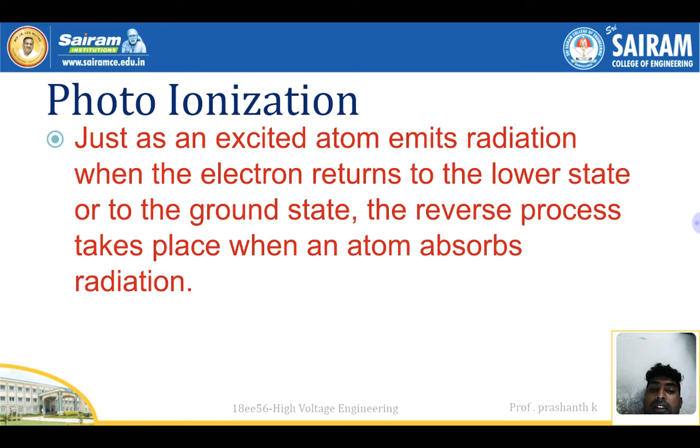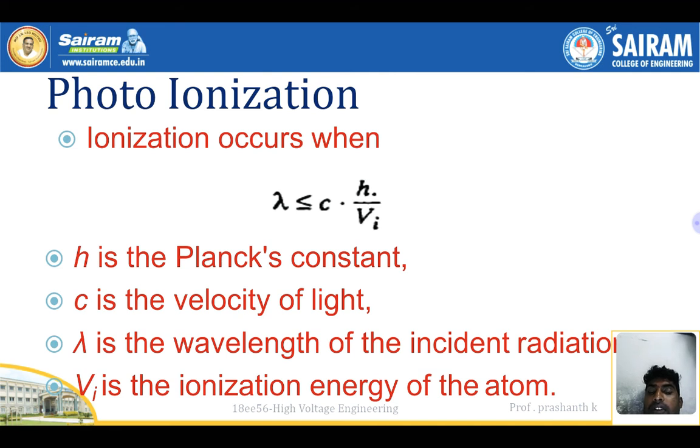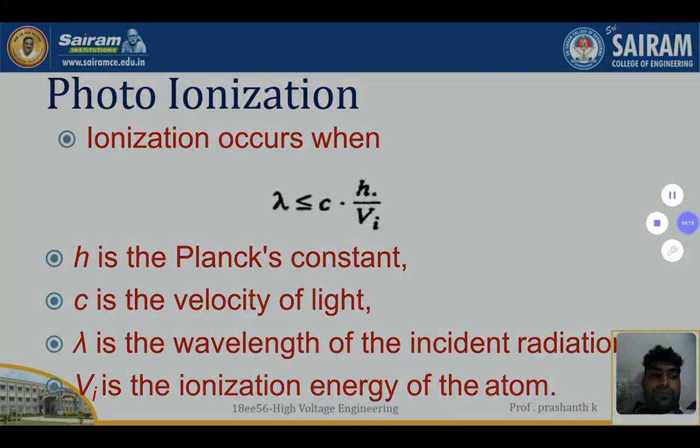Just as an excited atom emits radiation when the electron returns to the ground state, the reverse process takes place when an atom absorbs radiation, right? Photoionization occurs when lambda is less than or equal to hc by Va, where h is the Planck constant, c is the velocity of light, lambda is the wavelength of the incident radiation, and Va is the ionization energy of the atom.